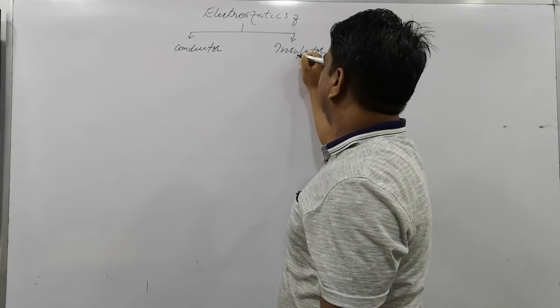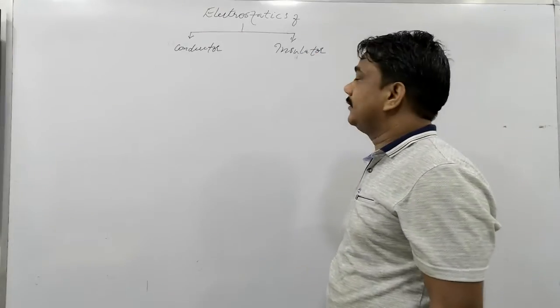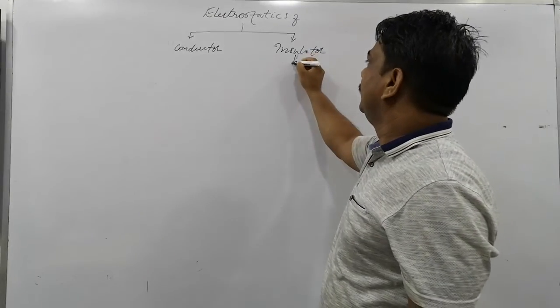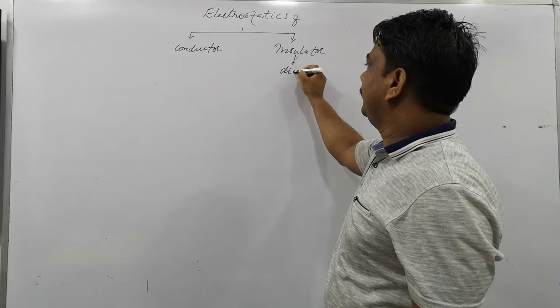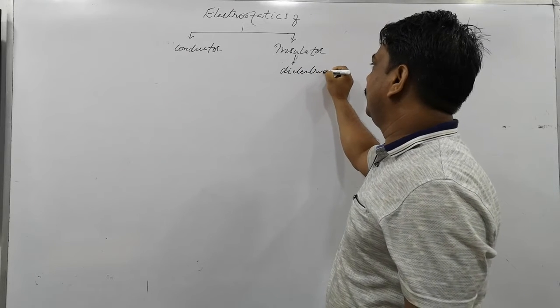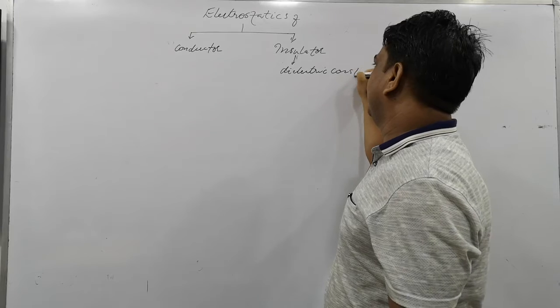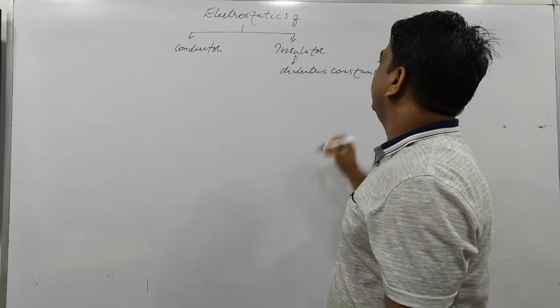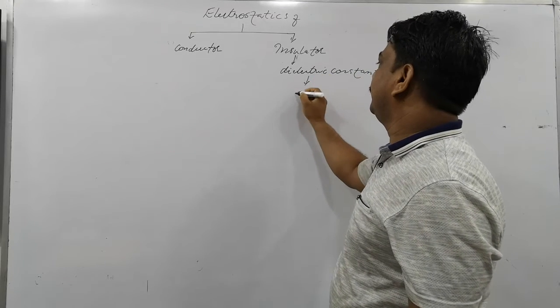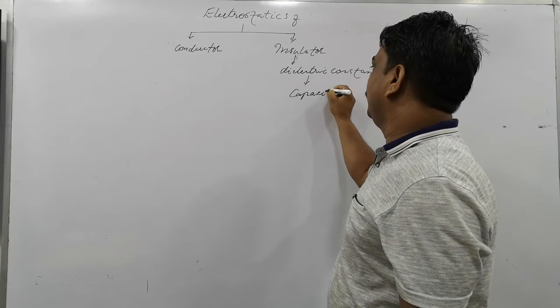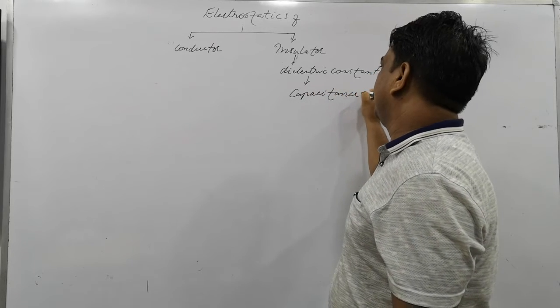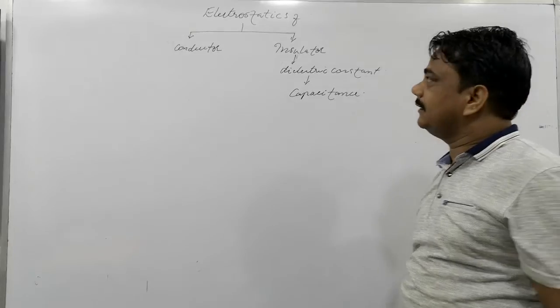Actually, the purpose of teaching you the electrostatics of the insulator is for the dielectric constant. We will study the dielectric constant, and after that we will study the concept of capacitance. Is that clear?